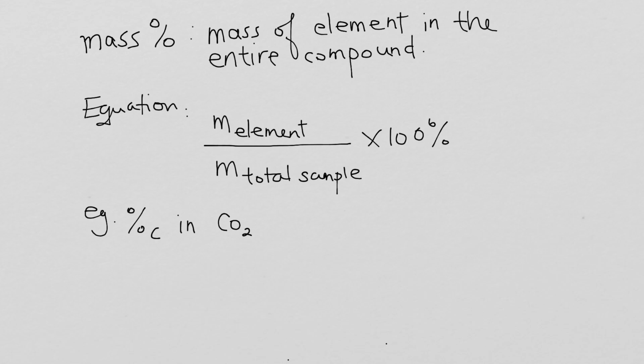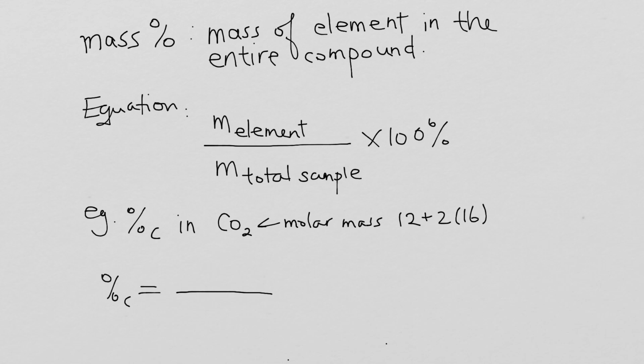If you have a mole of carbon dioxide, and you take the mass of that, that's called the molar mass. So the molar mass of carbon dioxide is 12 for carbon plus 2 times 16 for oxygen. That's 44. Right, so that's your total.